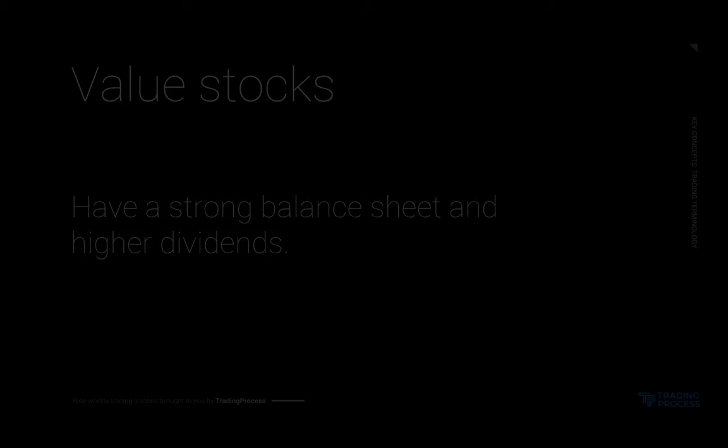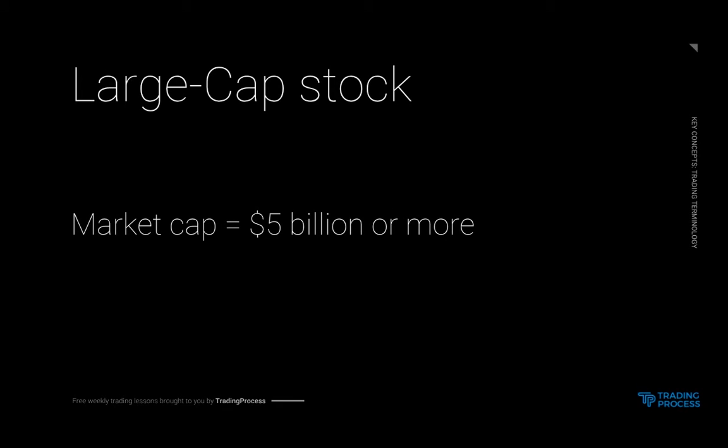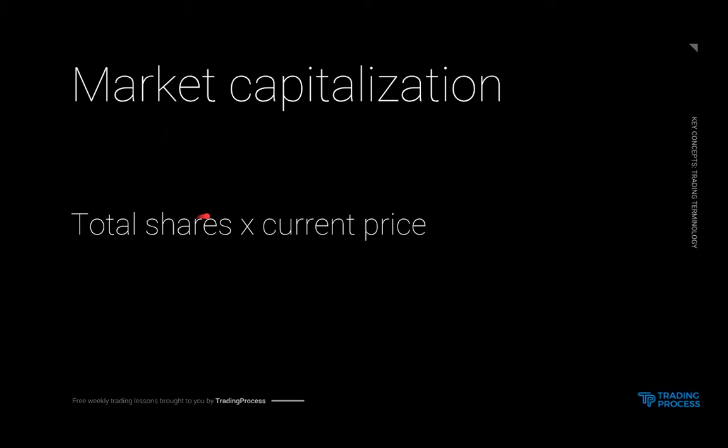Market capitalization is the total of the shares available multiplied by the current price. So we have different categorizations when it comes to market cap. We have large cap stocks. Their value is $5 billion or more. Like we said, it is the total shares multiplied by the current price.